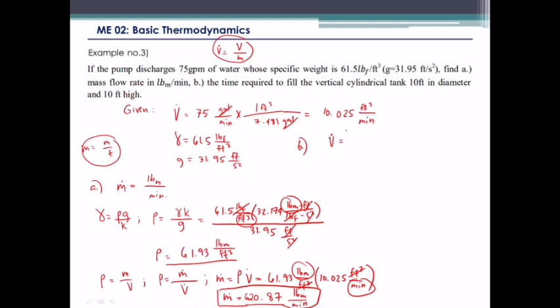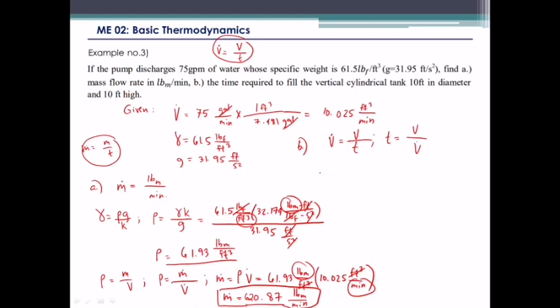Volume flow rate is volume per unit time, okay? So that you can obtain the time, which is volume over the volume flow rate.